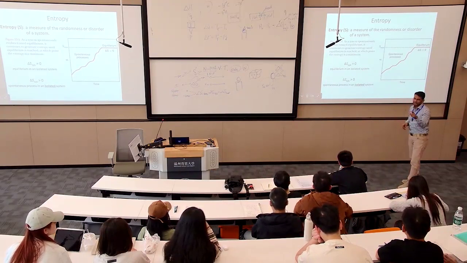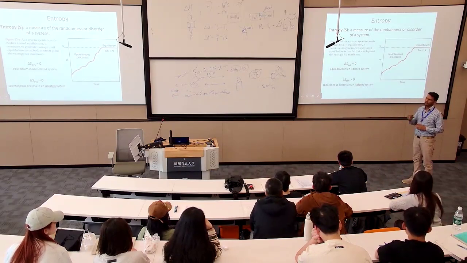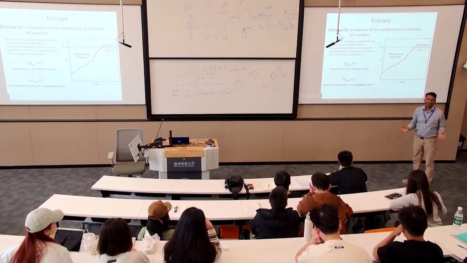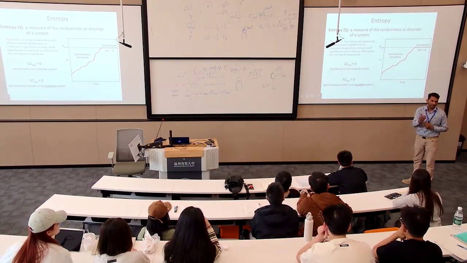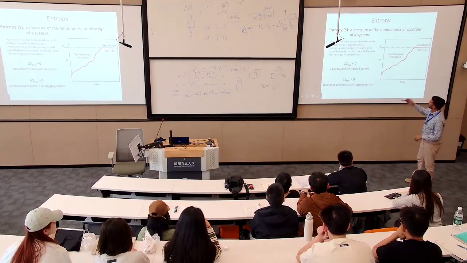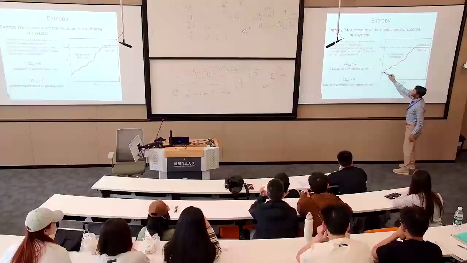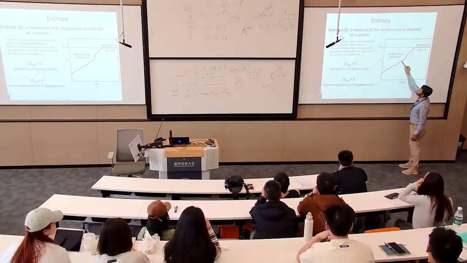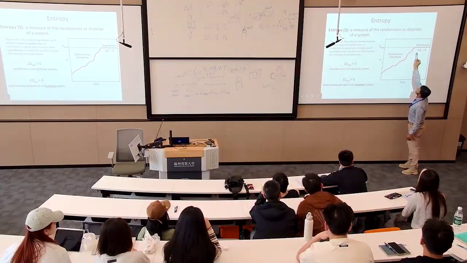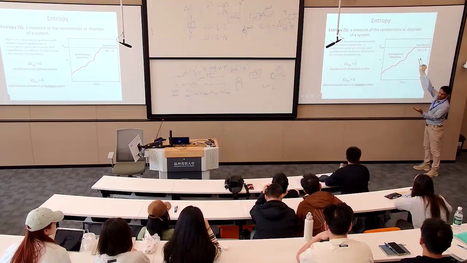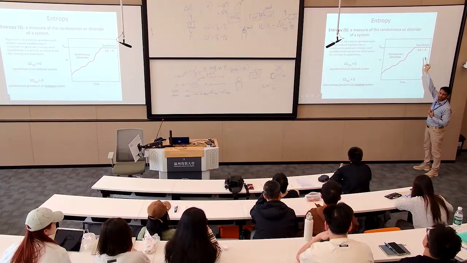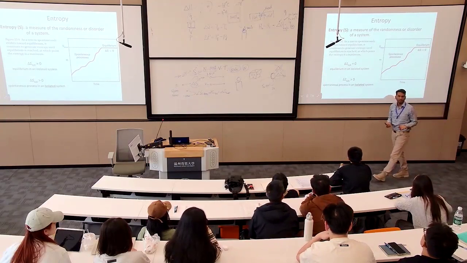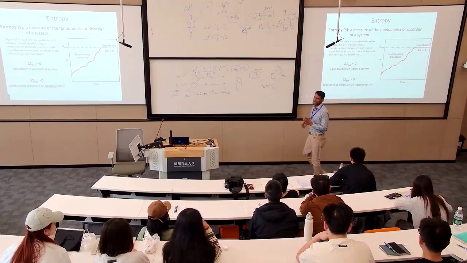So actually, this is the second law: the entropy of the universe is increasing in natural processes. You are actually stating the second law of thermodynamics. Students, whenever the entropy is increasing, the reaction is spontaneous. When it doesn't change, not decrease, not increase, then the reaction is at equilibrium.